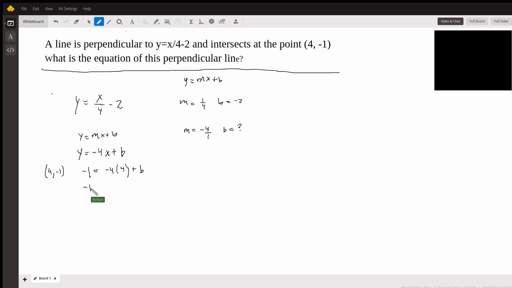So -1 is equal to -16 plus b. And add 16 to both sides, and you're going to get 15 equals b. So our final answer is y equals -4x plus 15.